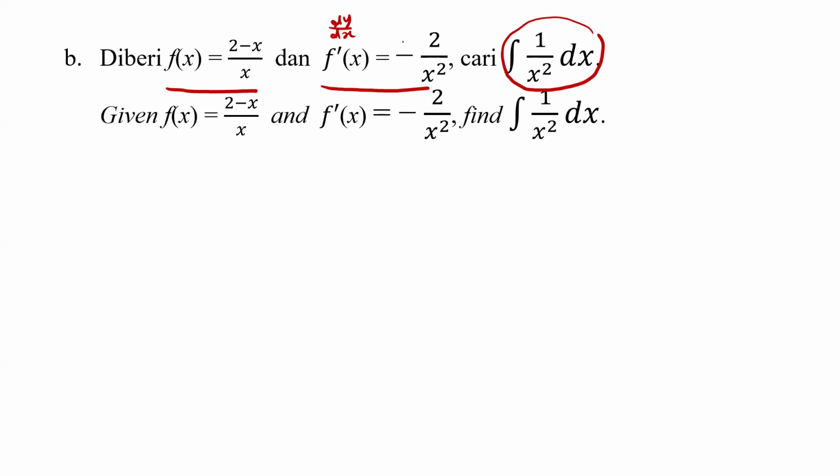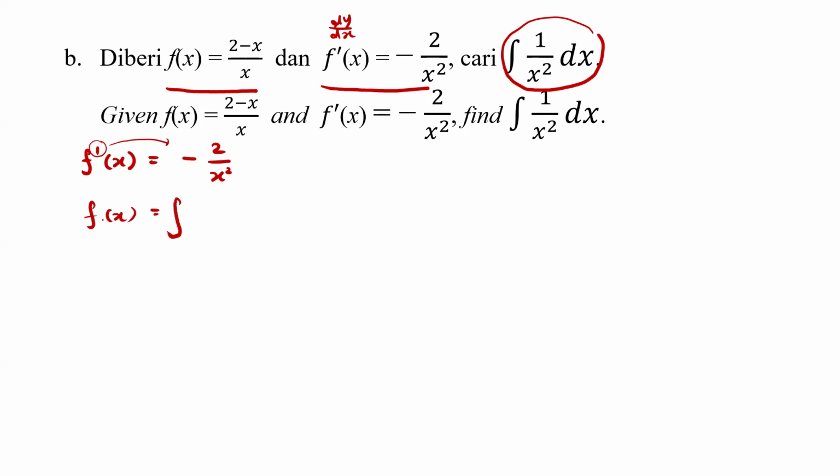If you want to solve integration, your information must be in terms of integration. So let's start with the differentiation. f prime x equals negative 2 over x squared. And therefore, to find f(x), I shall reverse the differentiation to the other side. When I reverse it to the other side, it will become integration.